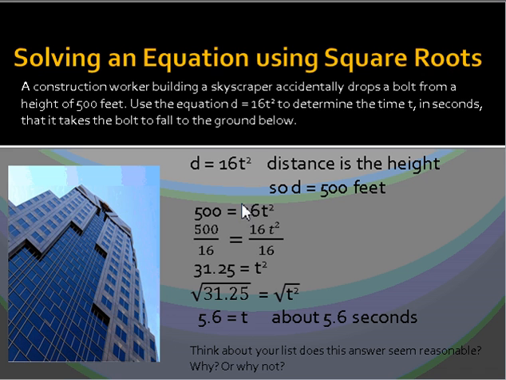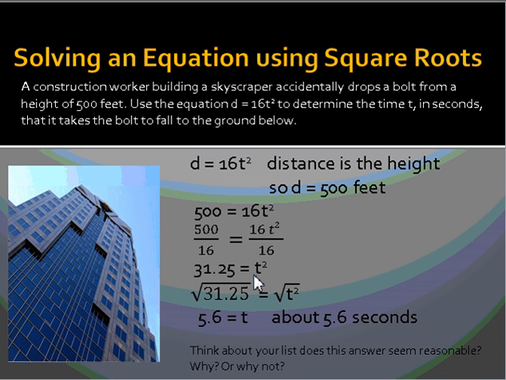Wherever I see d, I put 500. I get 500 equals 16 times t squared. I need to get t all by itself, so I start by dividing both sides by 16. When I do that, we get 31.25, or 31 and 25 hundredths, equals t squared.